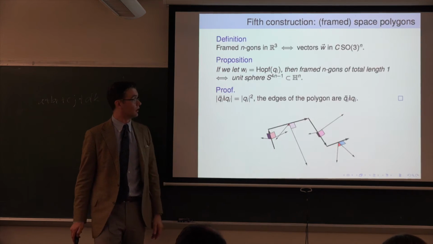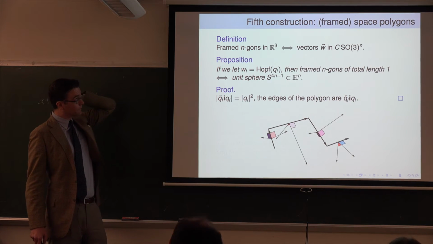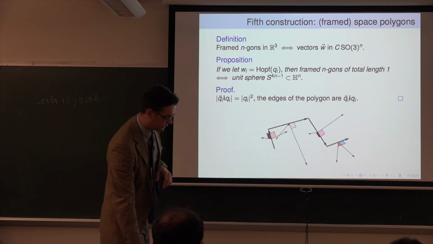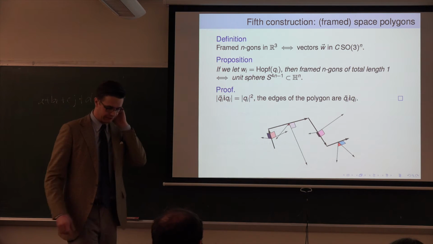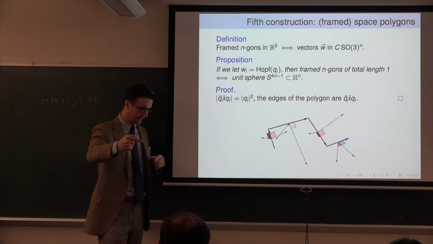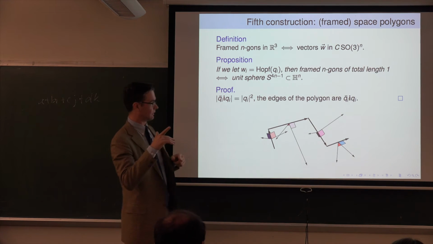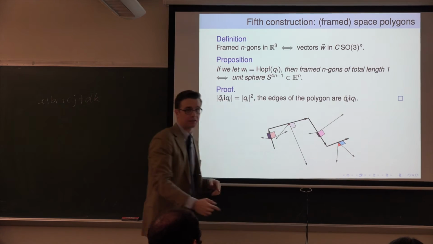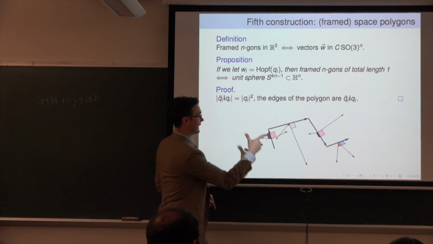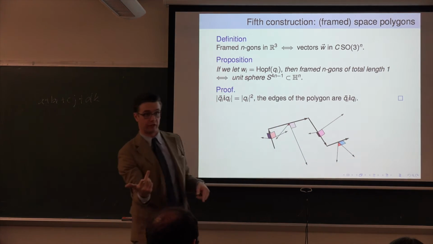Now it turns out, and this is the slightly unfortunate part of the story, that if you want to talk about polygons in R3, you really should talk about framed polygons. So now instead of edge, edge, edge, edge, I actually have frame, frame, frame, frame.